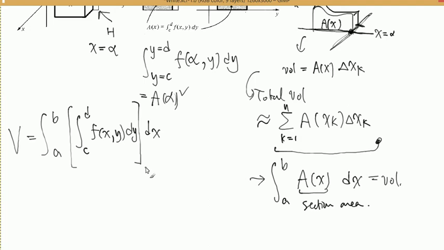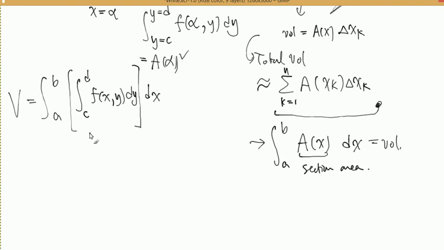What's the technical name for that? Iterated integral. This is the iterated integral, and it computes the double integral, right? The concept of iterated integral and double integral are not the same thing, but they are now connected.